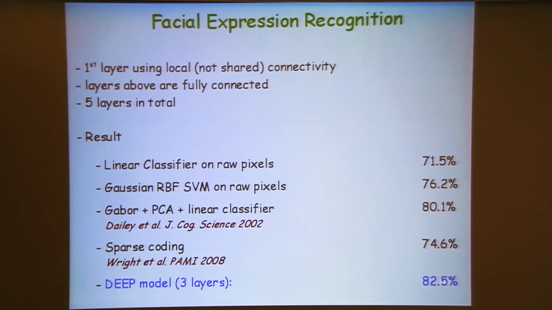If you use a very large Gabor filter bank, and then you take the square root of the sum of squares of quadrature pair Gabor filters, and you do PCA, and then you use a linear classifier, you get to 80%. If you do sparse coding, it's not very good. You got 75% or so. And if you use our model, we got 82.5%, and we didn't do any fine tuning.